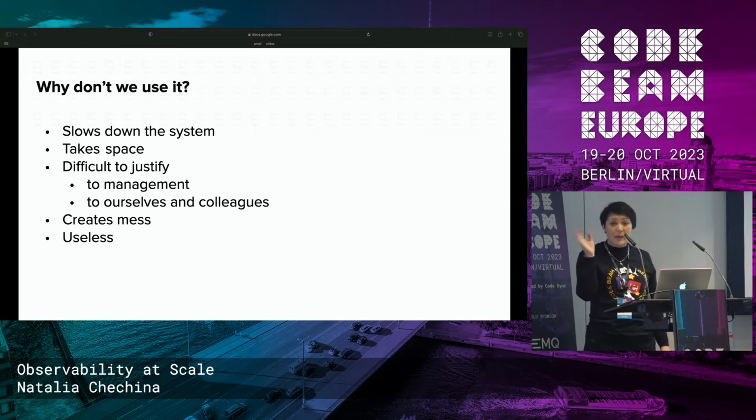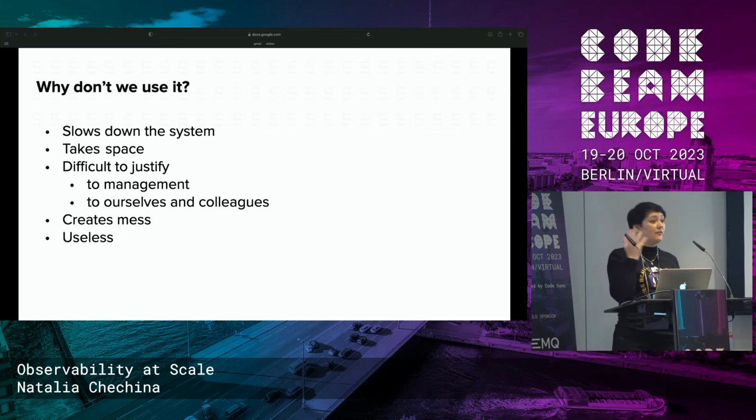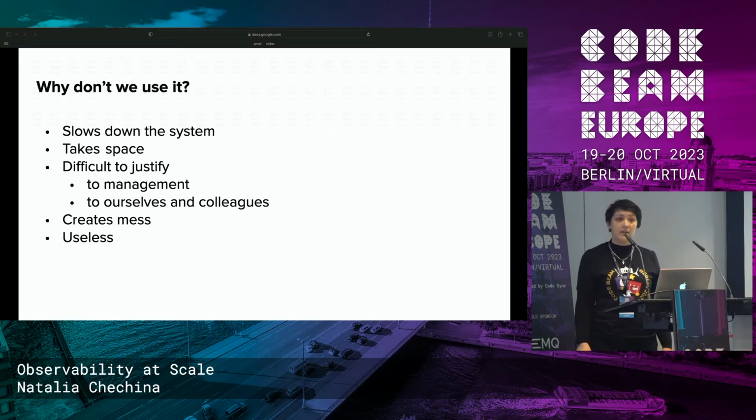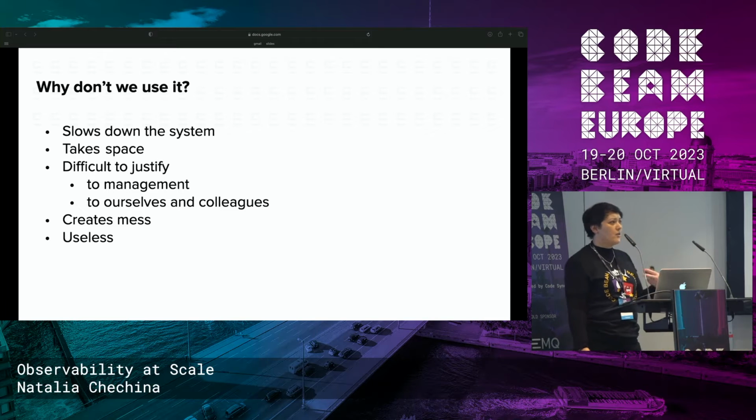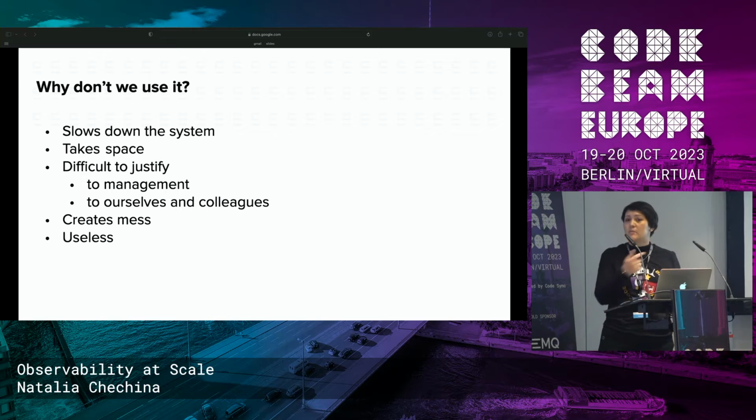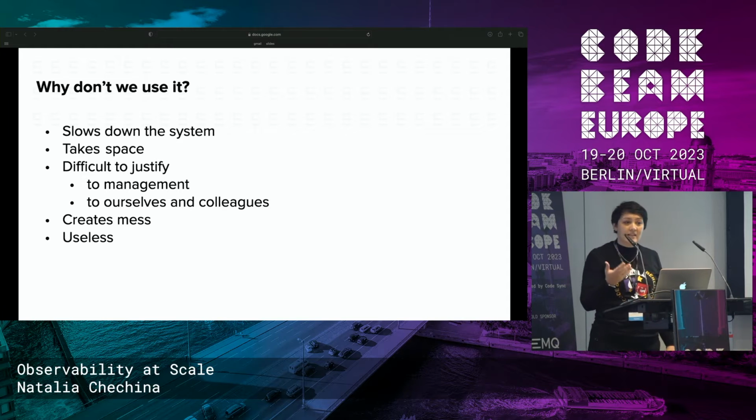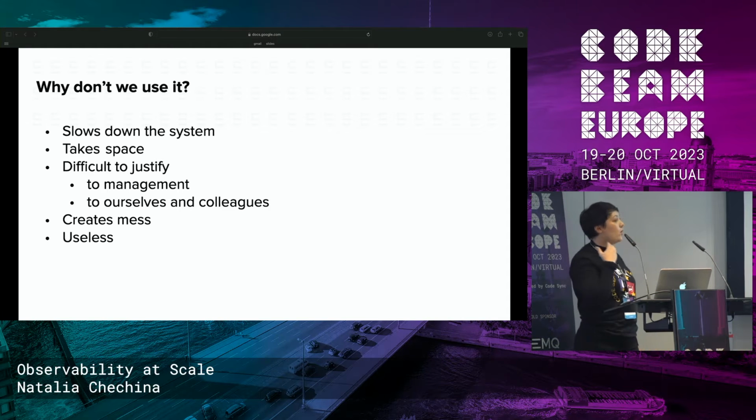And they take space. It's difficult to justify. So it's difficult to justify to managers. Why would we waste our time on something? It's difficult to justify to ourselves, right? So we have deadlines. We need to do lots of things that needed to be done yesterday. Why would we invest our time into metrics or logs or alarms for that?